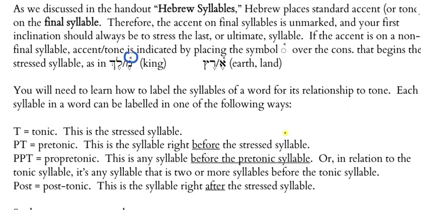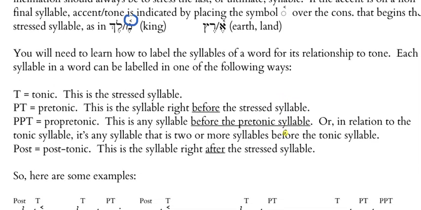What we need to do is make sure that we know how to label the syllables of a word in relationship to the tone. Each syllable in a word is going to be labeled in one of these following ways. We'll use the T for tonic. This means that the syllable so labeled is the stressed syllable. PT is pretonic. This is the syllable right before the stressed syllable.